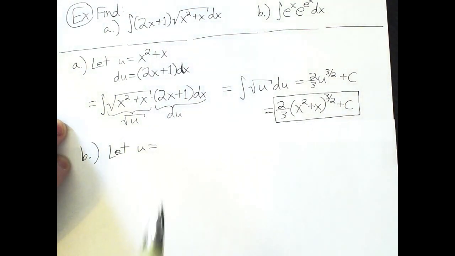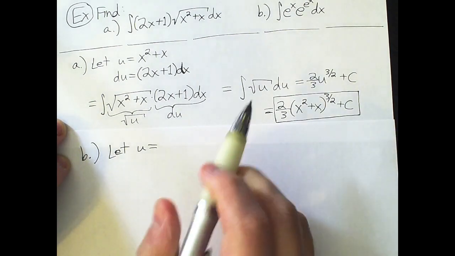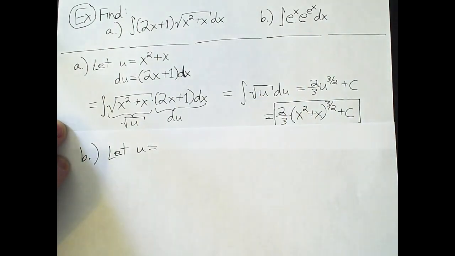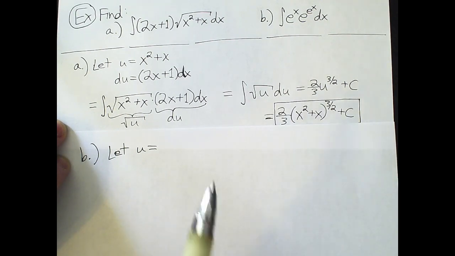I said in my guidelines above that we often want u to be something inside parentheses, under a square root, or in an exponent. We have x appearing in an exponent, so I could try to let u equal x. But I don't think that's going to do much. If we just let u equal x, the derivative would be 1. I don't think that's going to help.